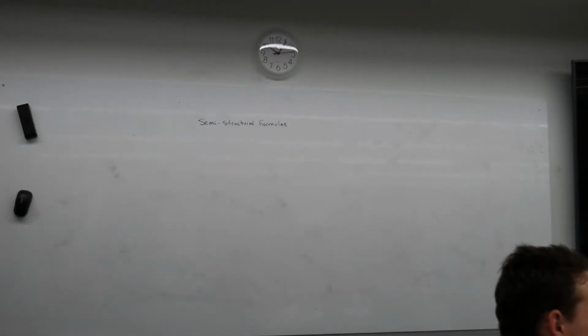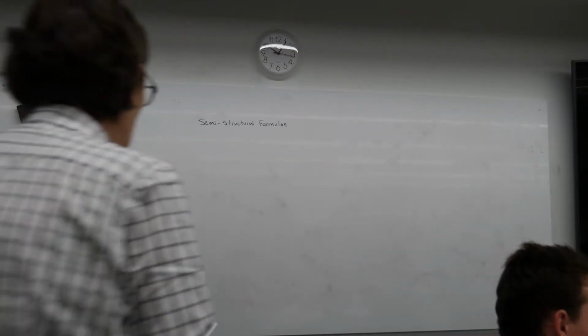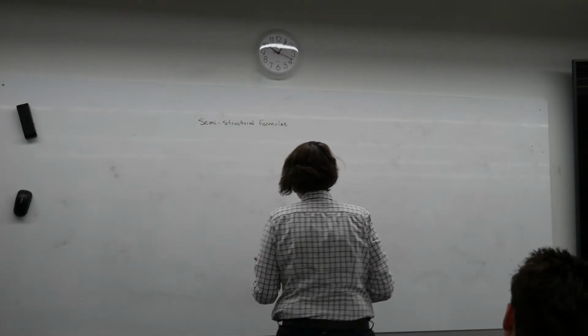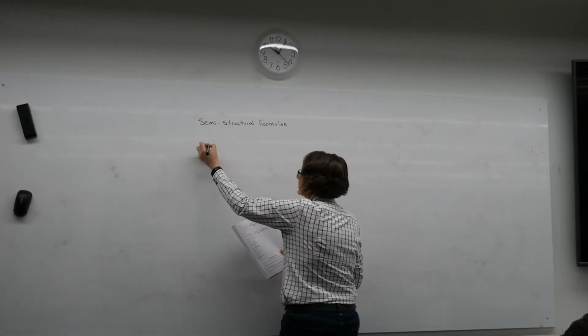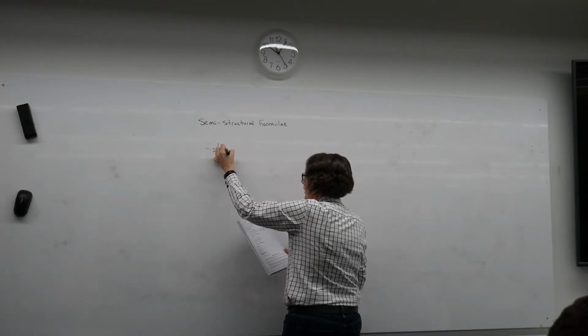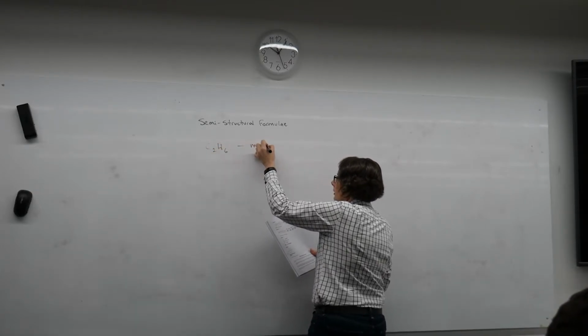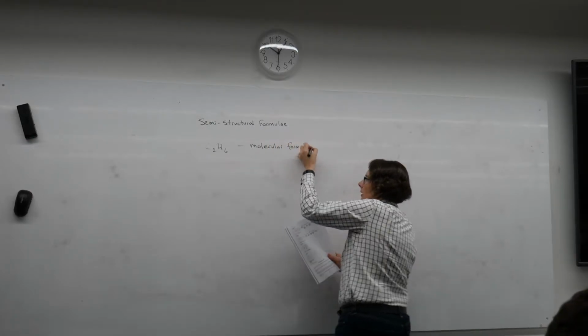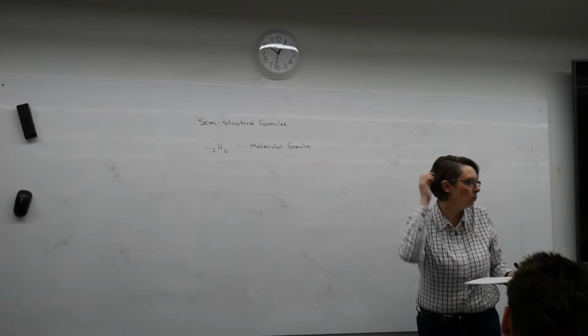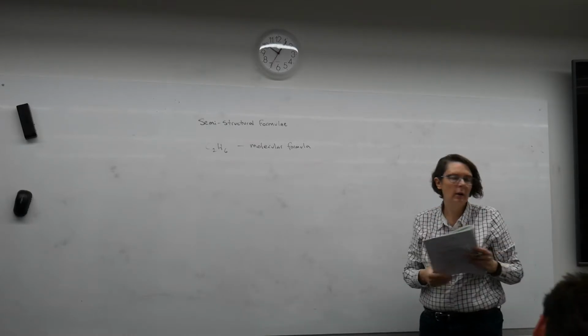So that's a benefit to that too. With our semi-structural formula, well, if we do some comparisons, this is a molecular formula. And all we're doing is stating what's present and how much.